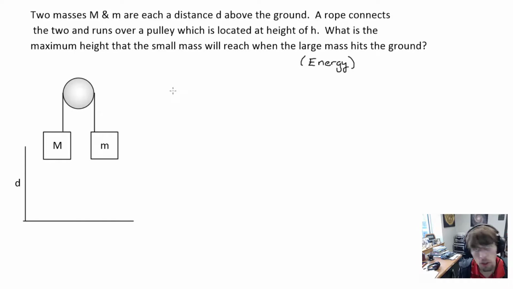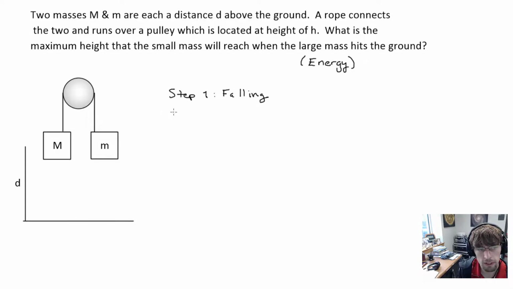Okay. Well, to actually do this, although energy makes life really easy, we still need to do this in 2 steps. So step one will be, we'll say, the falling phase. In other words, when big box M is falling.